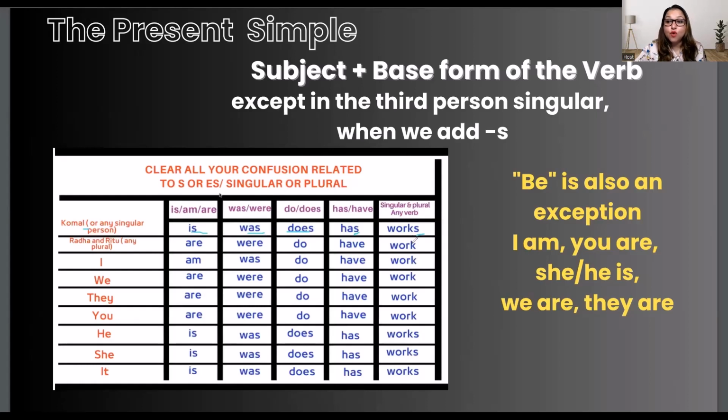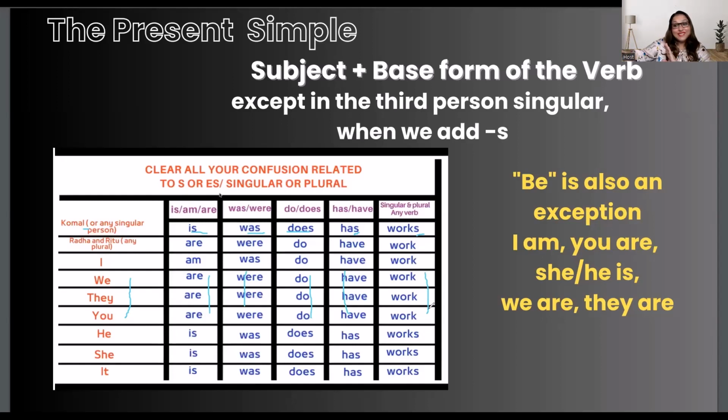So in some form, we are using S or ES with a singular subject. Then if you look closely, we, they, you use are, were, do, have, work, and you cannot find any S or ES after the verb.